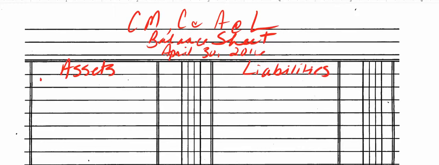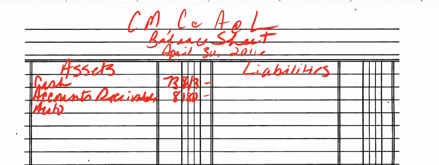Okay, so cash, accounts receivable. I should put them in as we go. Cash is $73,843. Accounts receivable was $8,180. Our automobile is $38,500.